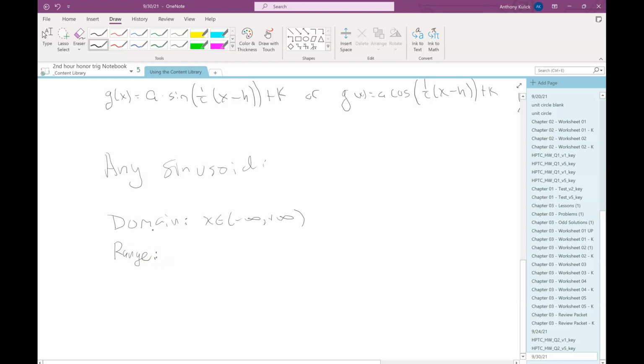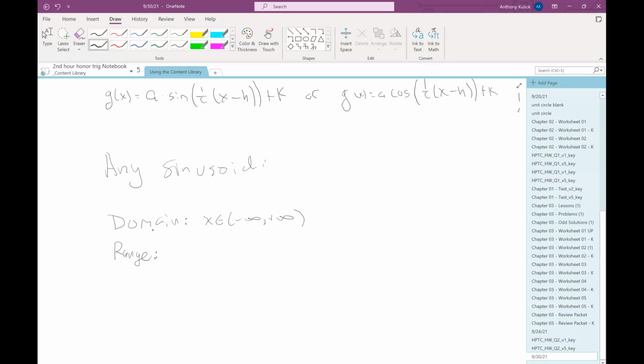Can the range change? Yes, right? What two components are going to change the range? K and A, right? If we stretch it and it gets taller, or if we squish it and it gets shorter, that's going to change the values of the relative max and mins, right? Also, it's going to change that multiplicatively.